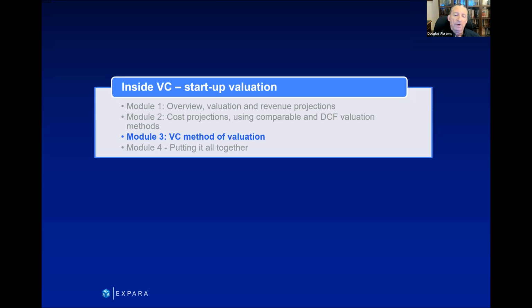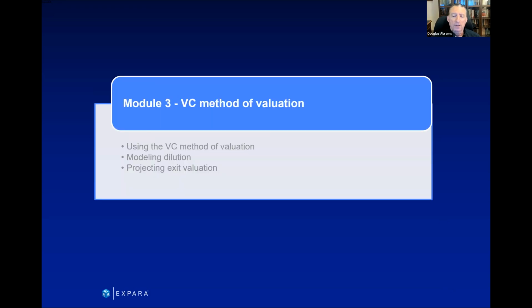This week, we're going to move to my favorite method of startup valuation, which, not surprisingly, is called the VC method, venture capital method. It is unlike the other methods that we learned about in the previous class. This VC method is developed specifically to value startup companies.